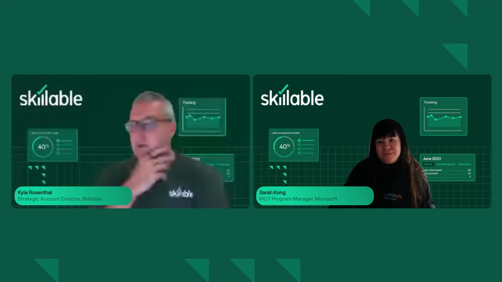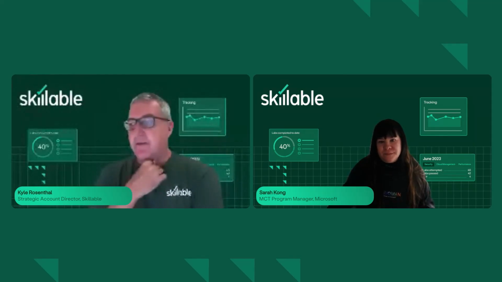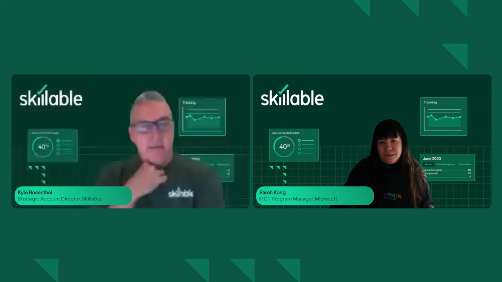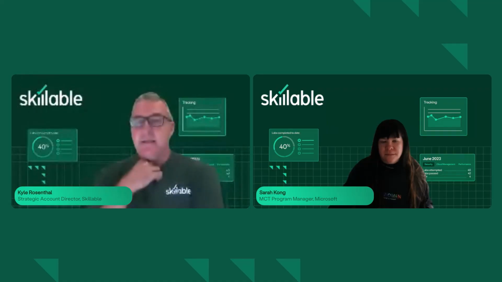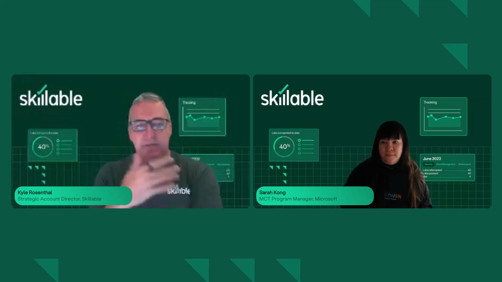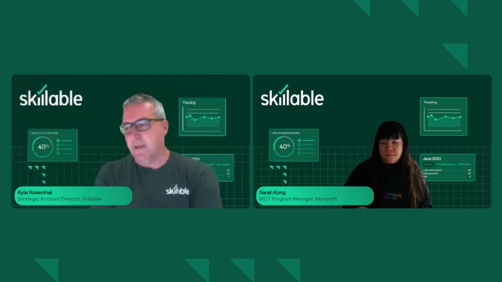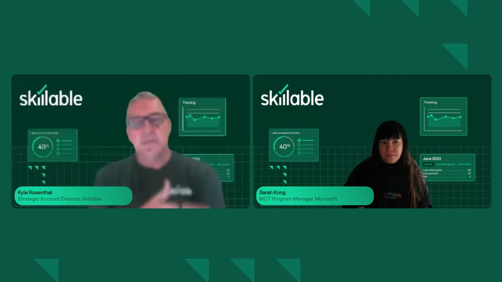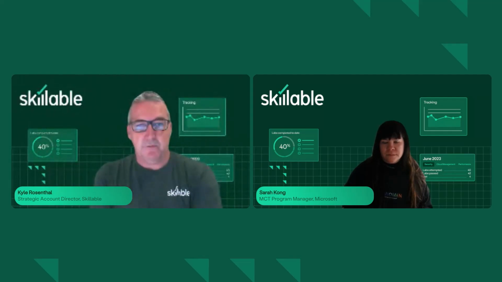We really do rely on the MCT community for big events like Ignite and Build, as an example, because the MCTs are subject matter experts, but as well as that, they know how to actually talk to people. That's a difference from other programs, where other people come in who are subject matter experts but can't do the talking to people part.